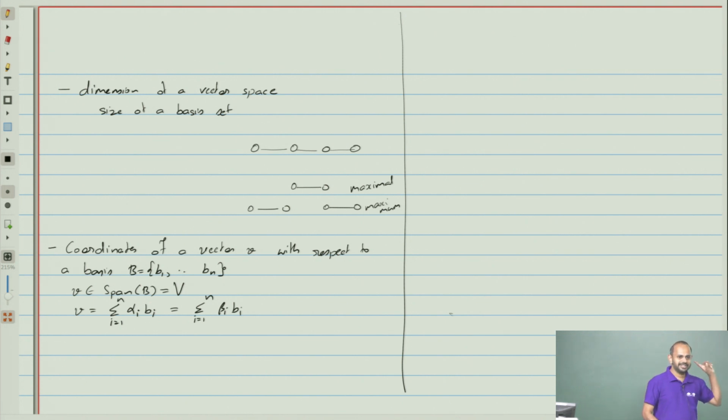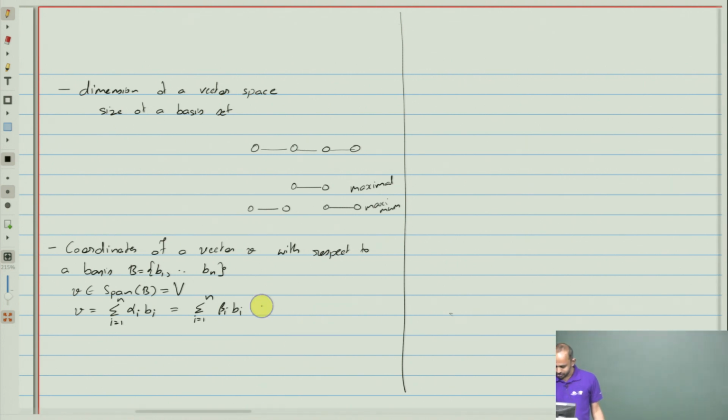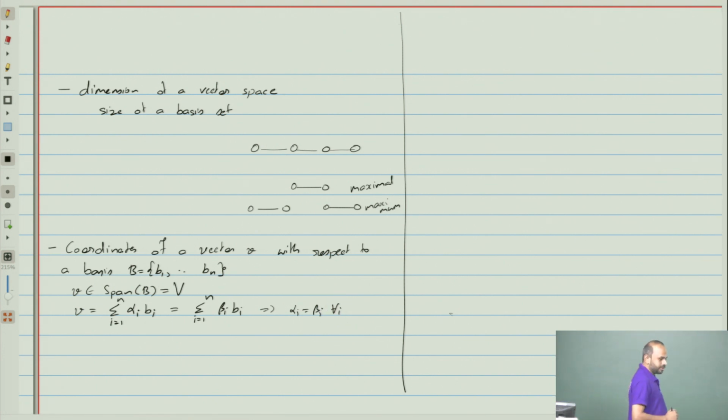Only one way can a linearly independent set of vectors give another vector by linear combination. So, every vector is given by a unique linear combination of the basis set.